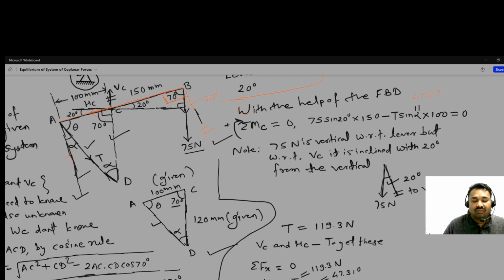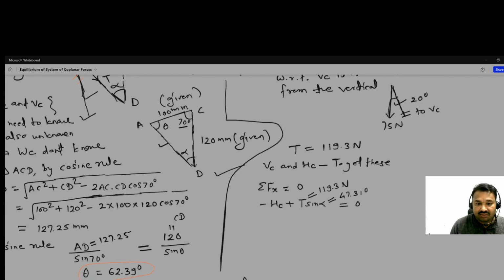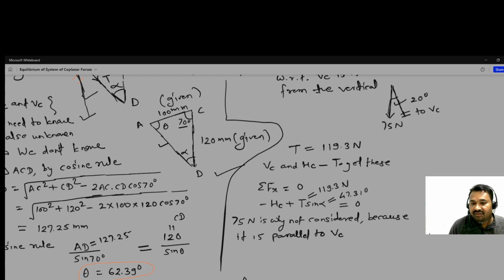Okay, why have we not considered 75? Your question may be why the 75 Newton is not considered. Because it is parallel to VC, meaning vertical.